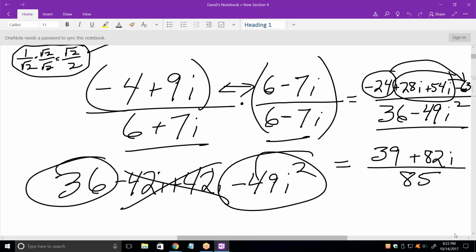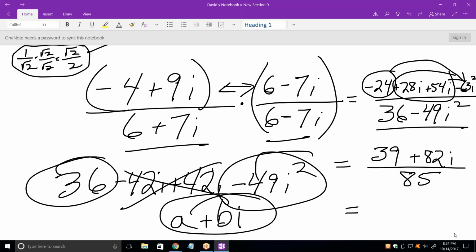Now, I'm not quite done. That's not my final answer. Remember, what they want the answer in is a plus bi. So how do I turn that answer that I have, this one right here, into a plus bi?